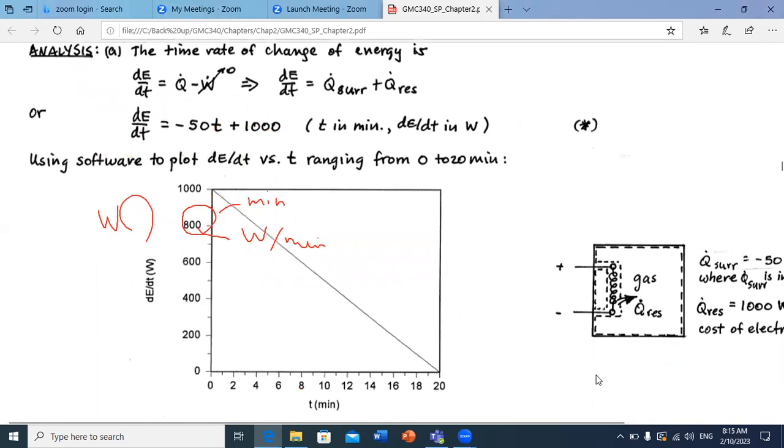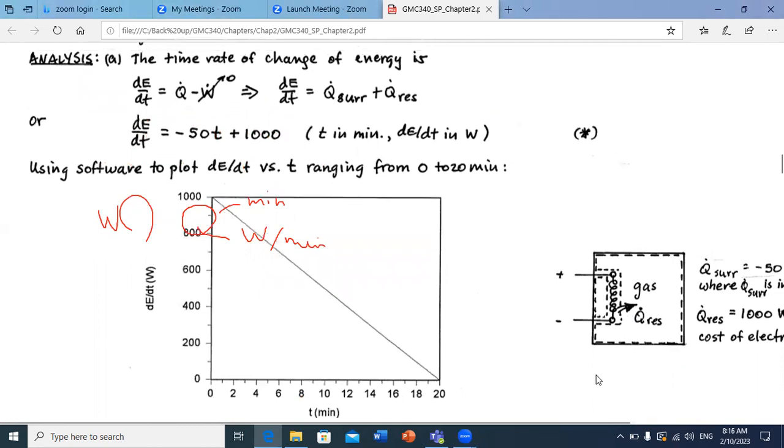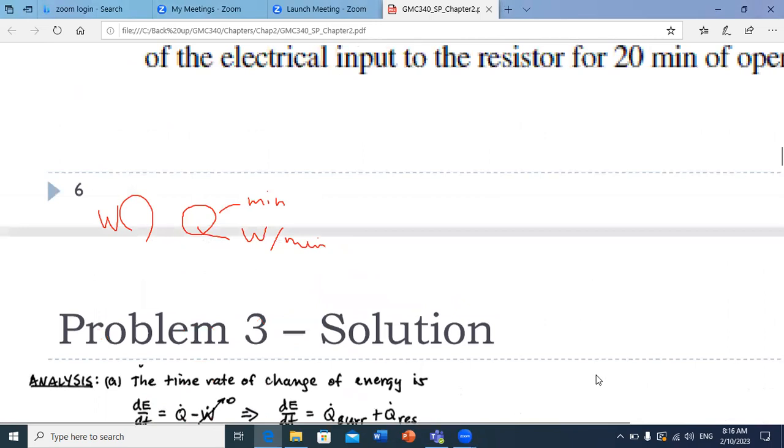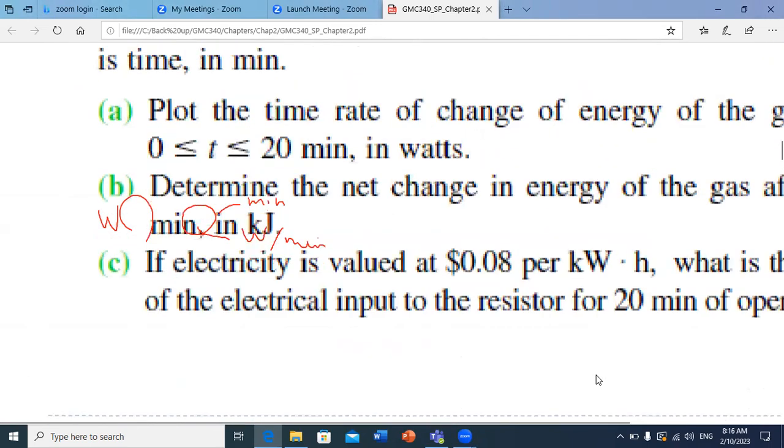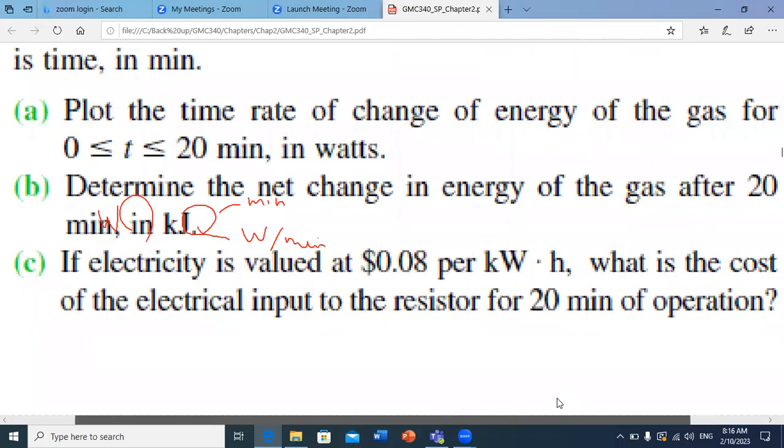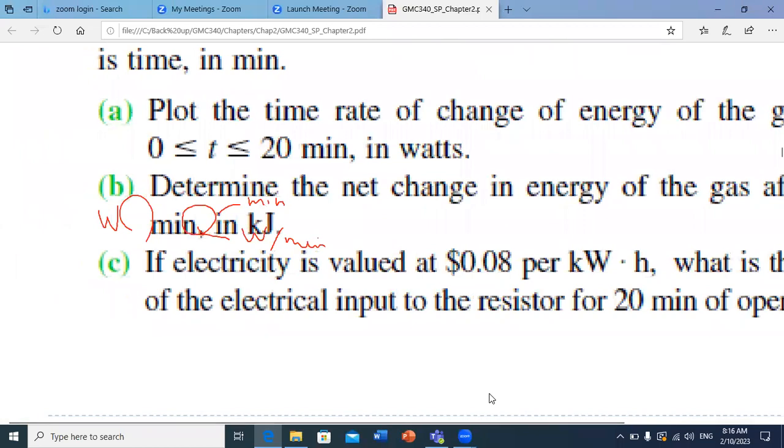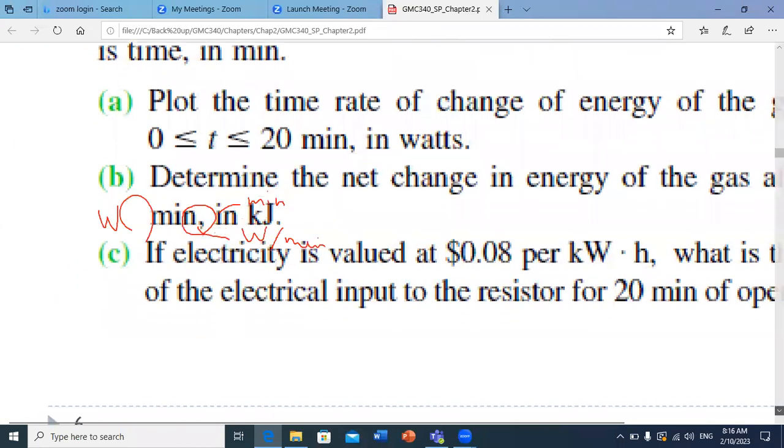Okay. Now, they are asking also to determine the net change in energy of the gas after 20 minutes. So we want to find delta E. We want to find delta E after 20 minutes.